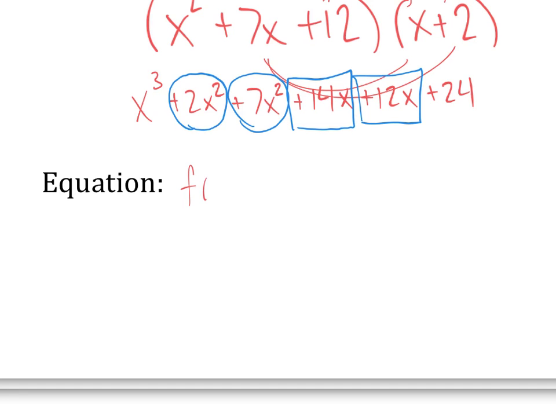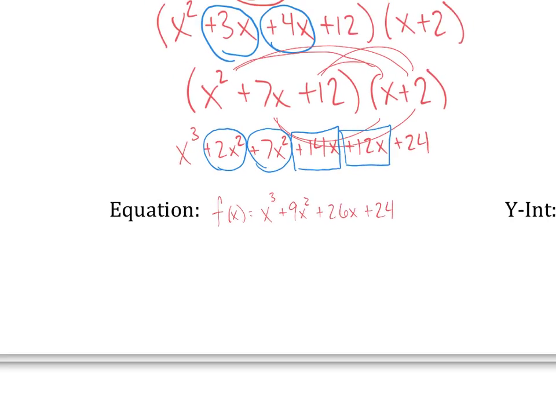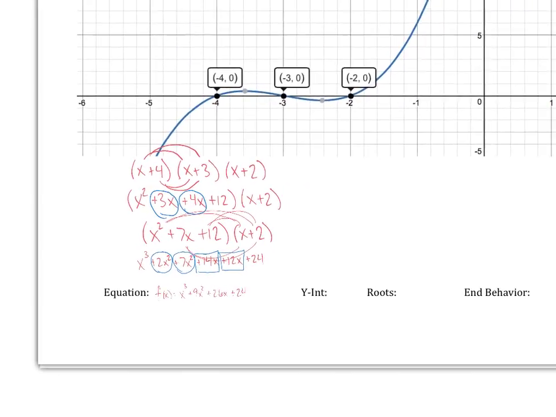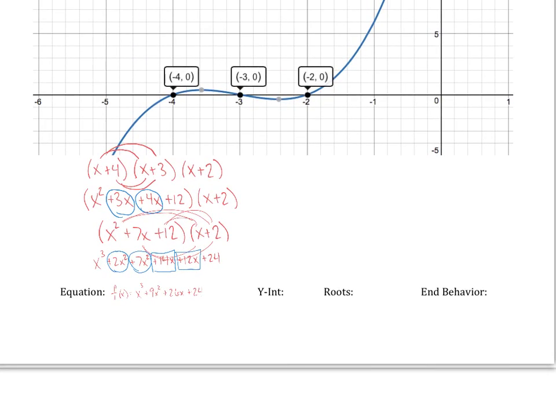F of x equals x cubed plus 9x squared plus 26x plus 24. And that's it. We can't combine any more like terms because we have cube, squared, to the first, and then a constant. There's nothing else we can do to combine here. All right, so that's your equation. That was the part that takes the most time. It's just a bunch of multiplication.